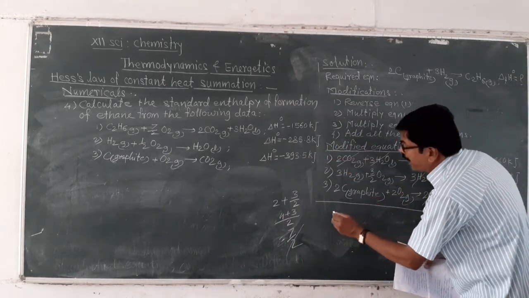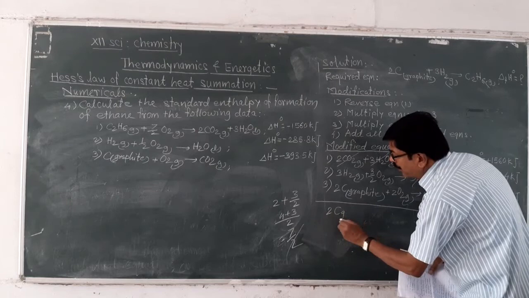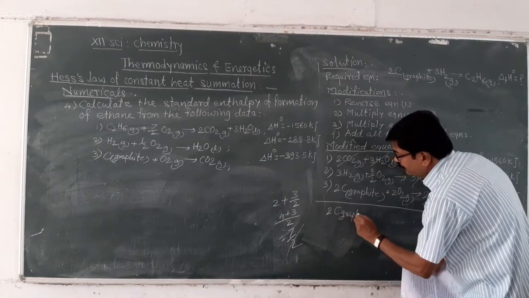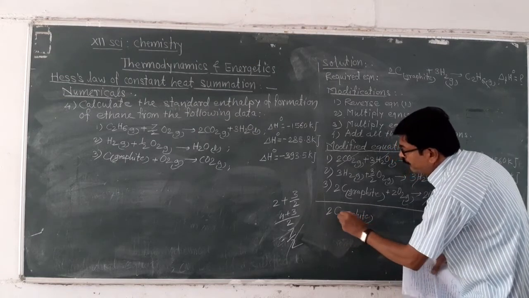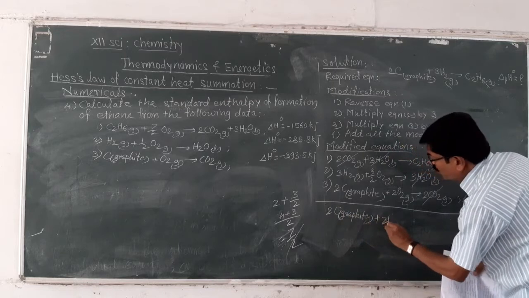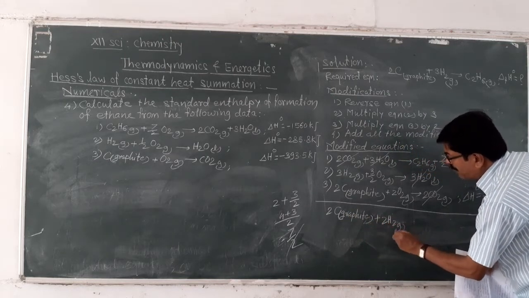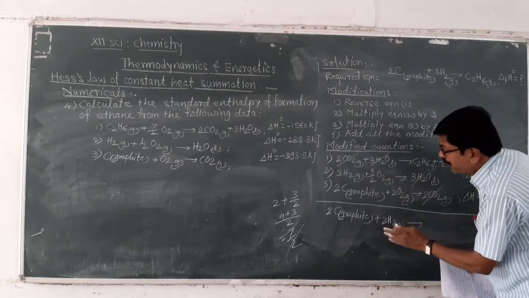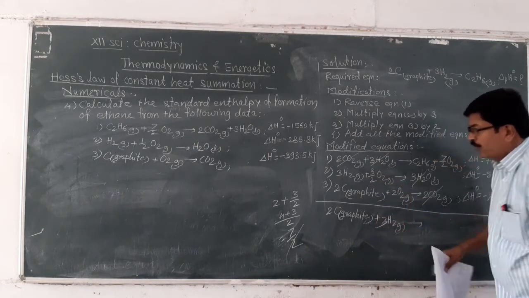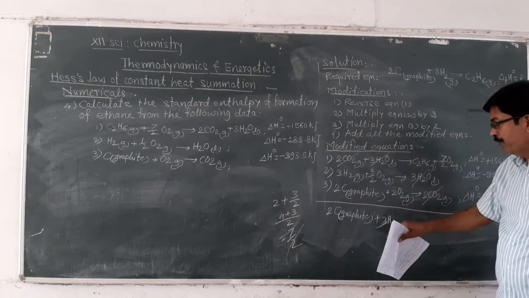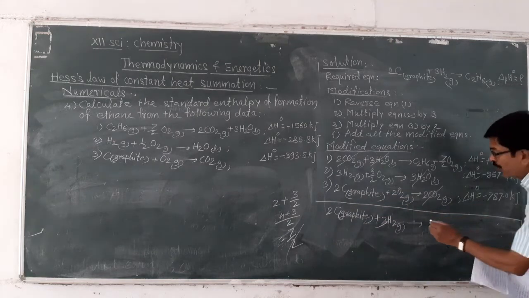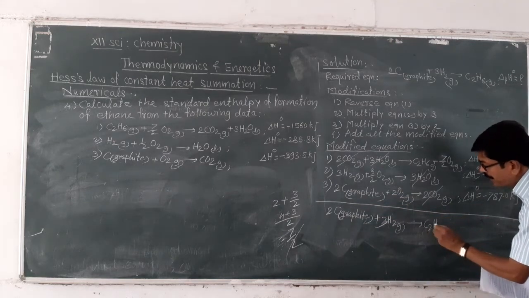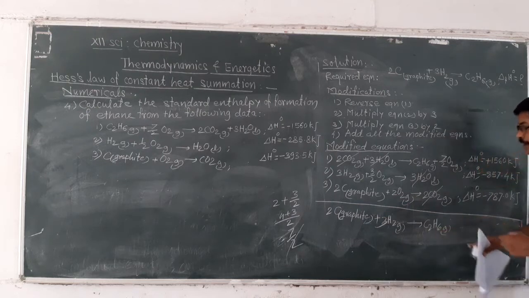What is left behind? 2 carbon graphite plus 3 H2 gas gives C2H6 gas.